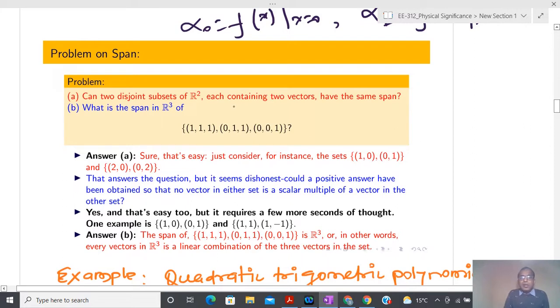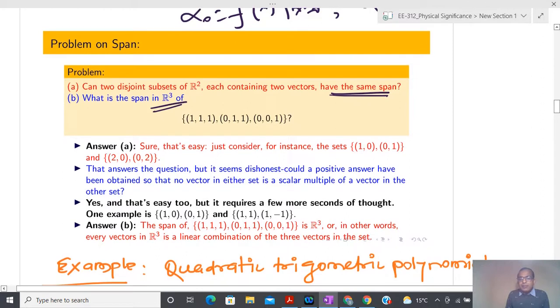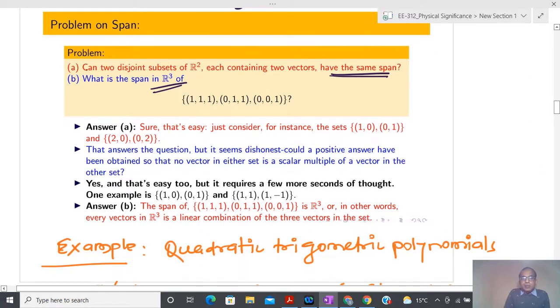So now, what is our problem? Can two disjoint subsets of R2, each containing two vectors, have the same span? That I am going to check. And the second question is, what is the span of R3? Suppose I select (1,0) and (0,1), and (2,0) and (0,2).